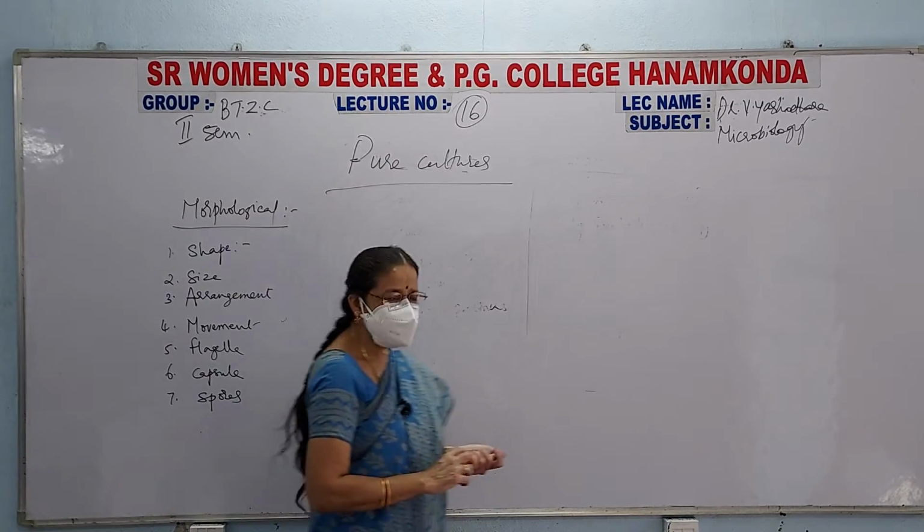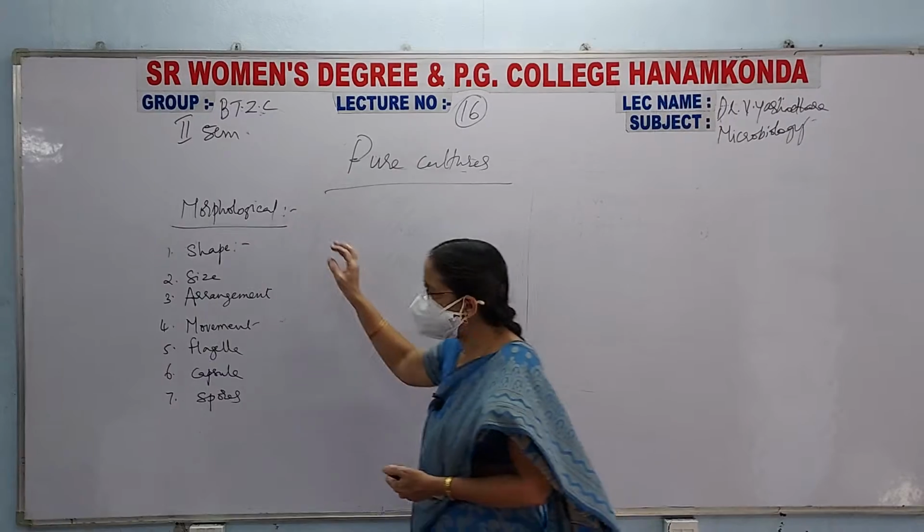These are the 6 generally observed morphological characteristics.